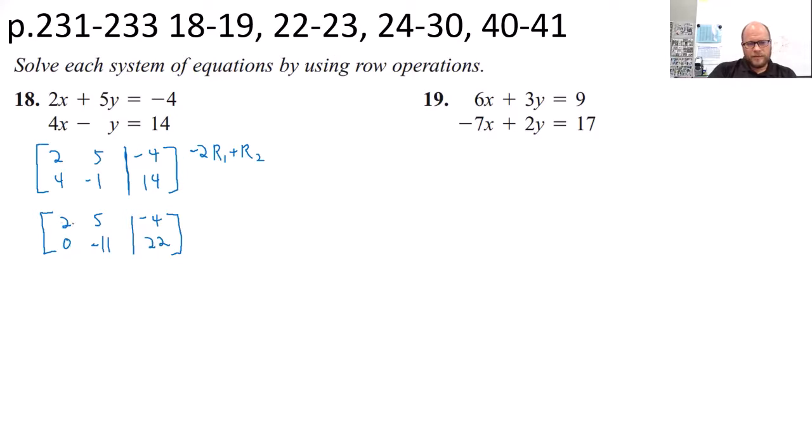In order to make this row echelon form, we need these two diagonally to both be 1s. Again, the way that you get them to become 1s is by multiplying those values where we need the 1s by the reciprocal. So this 2, in order to become a 1, we'd multiply by 1/2. So row 1, we're going to multiply by 1/2.